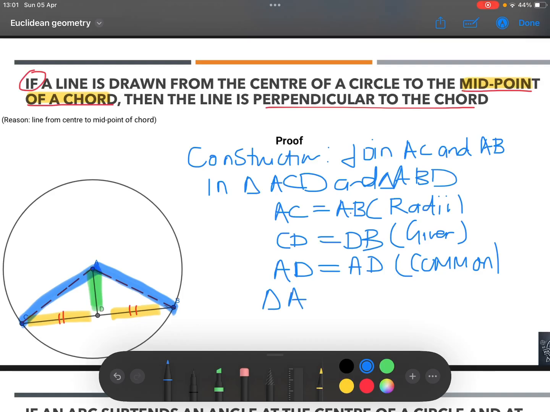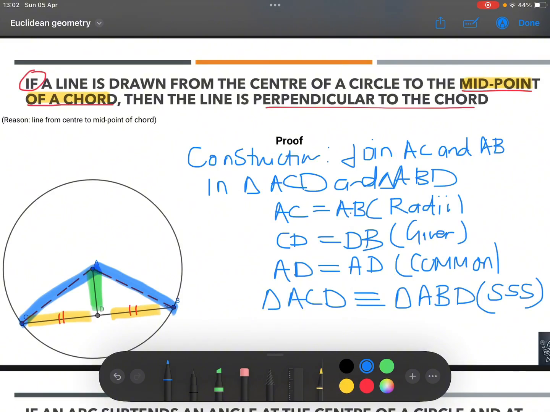We have triangle ACD, which is congruent to triangle ABD. Why are we saying they are congruent? Because we have shown that side AC is equal to AB, and CD is equal to DB. So the sides are equal in length.